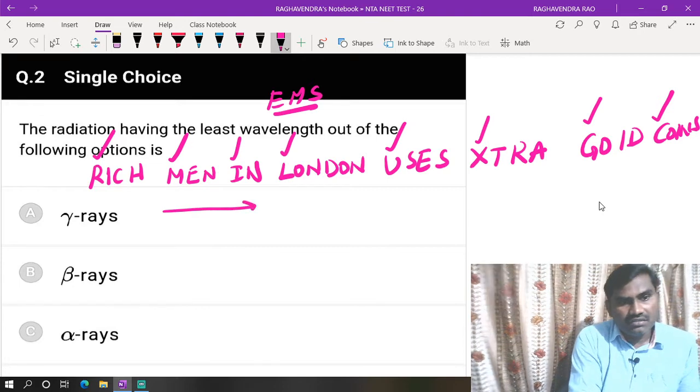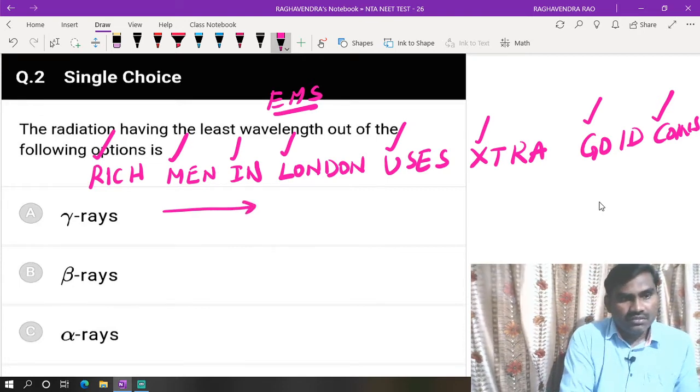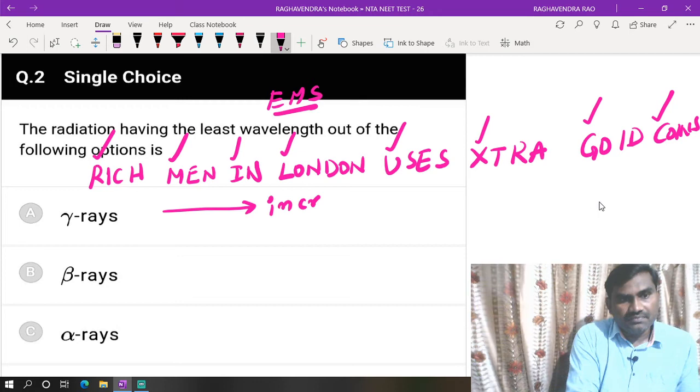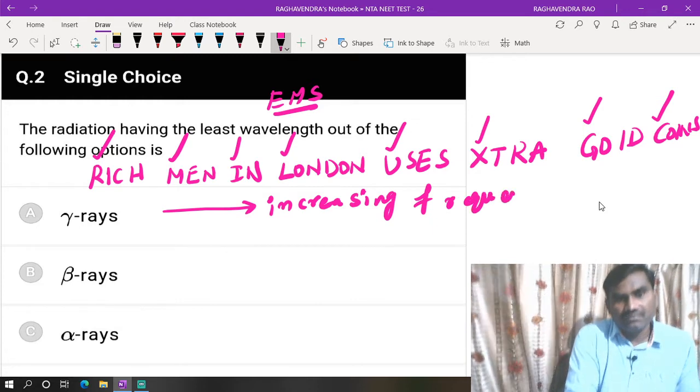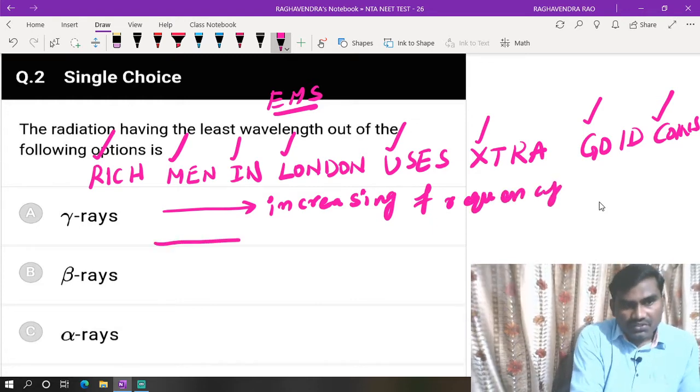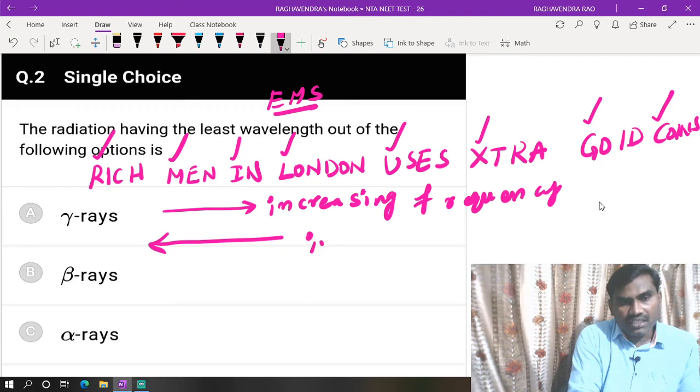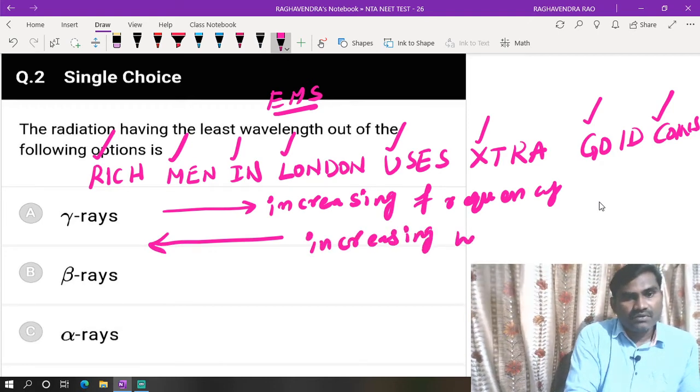So this is increasing frequency or energy, and increasing wavelength in the opposite direction.